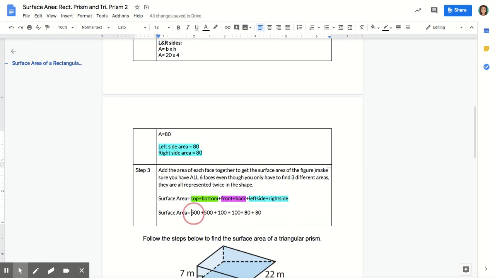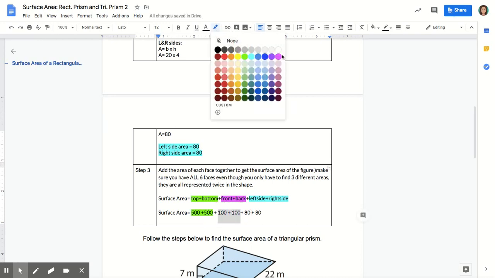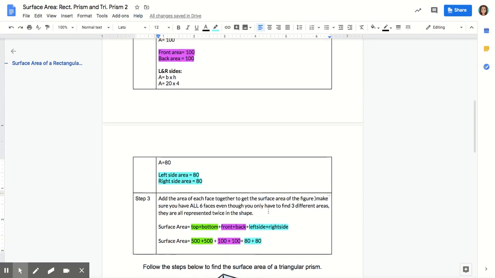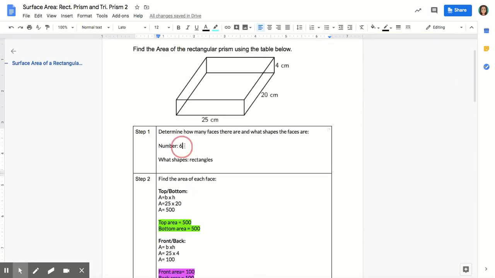Because that is the top plus the bottom plus the front plus the back plus the left plus the right. And if you go back and count, we have 1, 2, 3, 4, 5, 6 numbers that we're adding together, which are the same as the 6 faces. We have the bottom and the top, the front and the back, the left and the right.